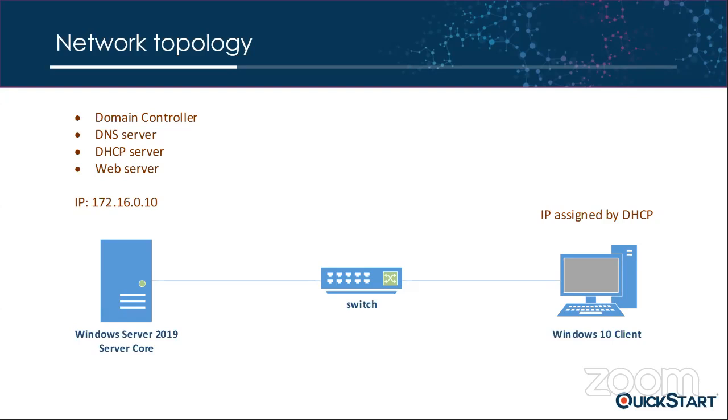The server is going to use the IP address 172.16.0.10, whereas the client is going to receive an IP address automatically from the DHCP once we install and set up that particular network service.